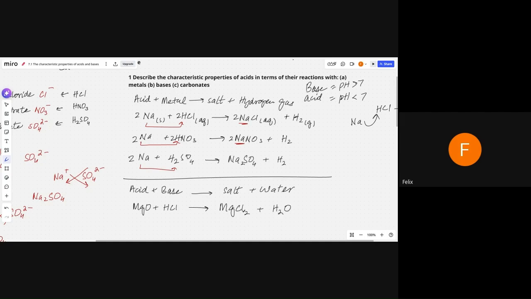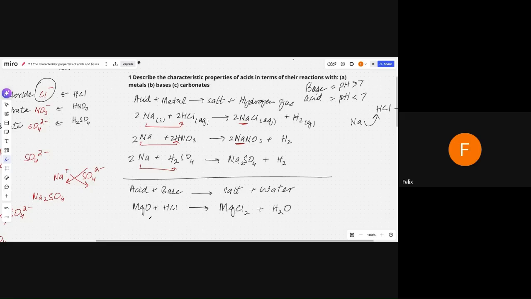You have to be very careful while writing the symbol equations and remember the charge on the ion so that you can write the correct formula. So magnesium chloride is not MgCl, it is MgCl2 because chloride has a Cl minus charge, and magnesium from group 2 has a positive 2 charge.